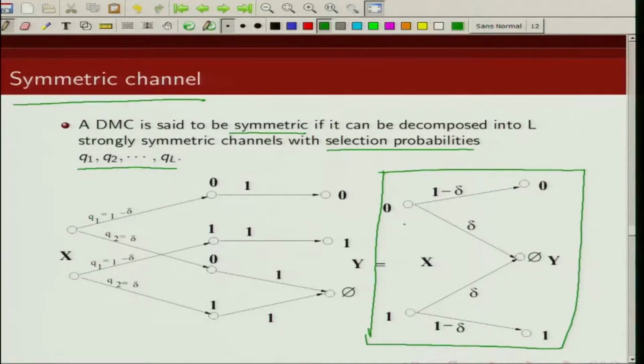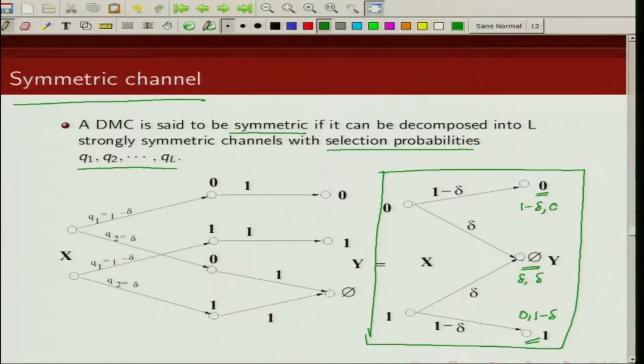This is not a uniformly focusing channel. You can see if I consider this output, my probabilities are 1 minus delta, 0, 0, and if I consider this particular output, my probabilities are delta, delta, and if I consider this output, my transition probabilities are 0 and 1 minus delta.